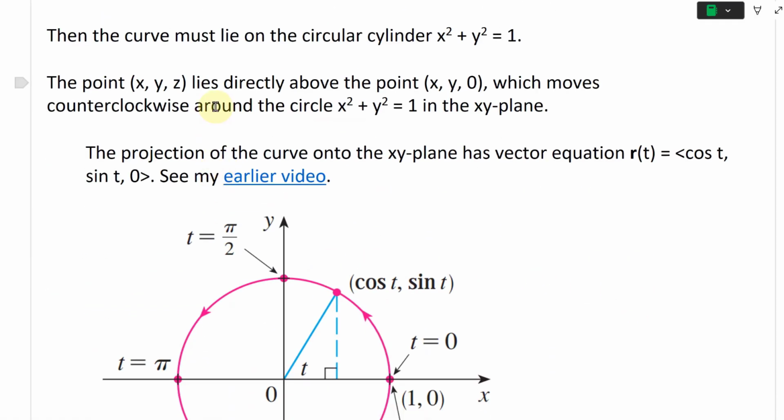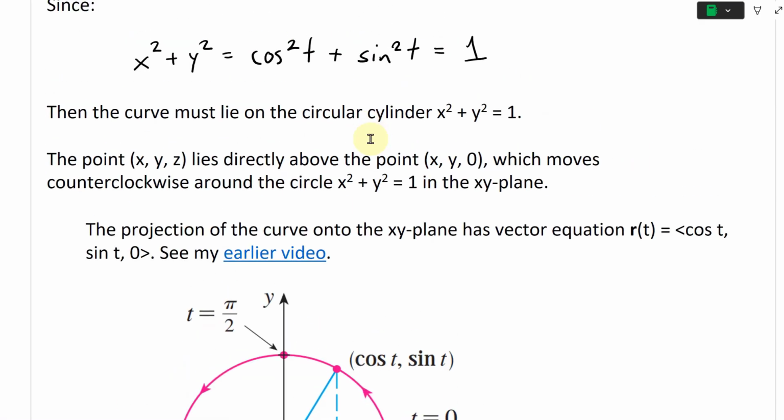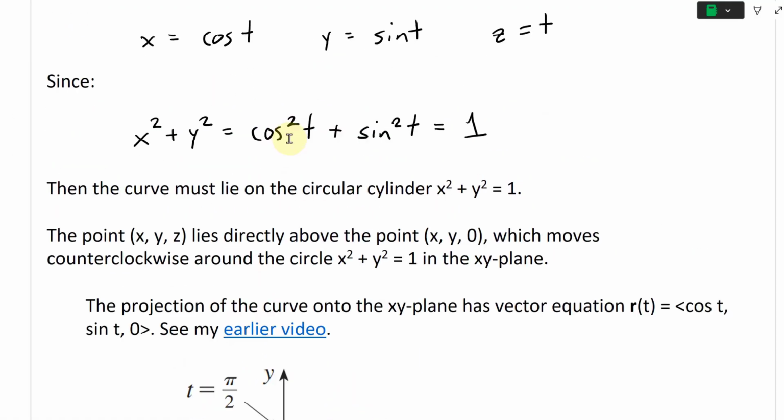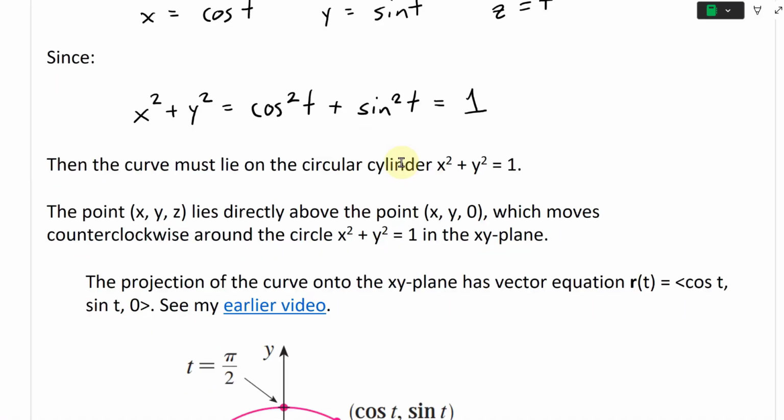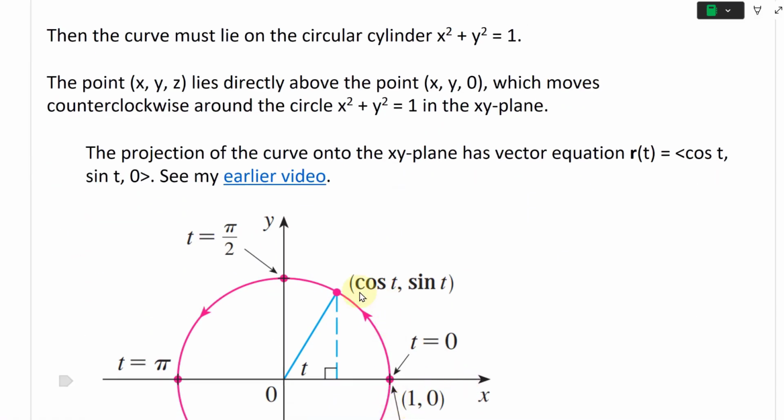The point (x, y, z) lies directly above the point (x, y, 0), in other words, just above it. So it's the vertical cylinder, which moves counterclockwise around the circle x squared plus y squared equals 1. That's because when you plug in 0 and then increase it, the values become positive.